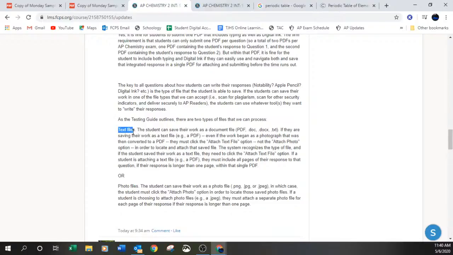Text files. Alright? So you could save a text file as a PDF or a docx or a TXT file, or a photo file, JPEG or PNG. Make sure of how you're going to submit it and where you're going to submit it so that it goes through effectively. Alright?